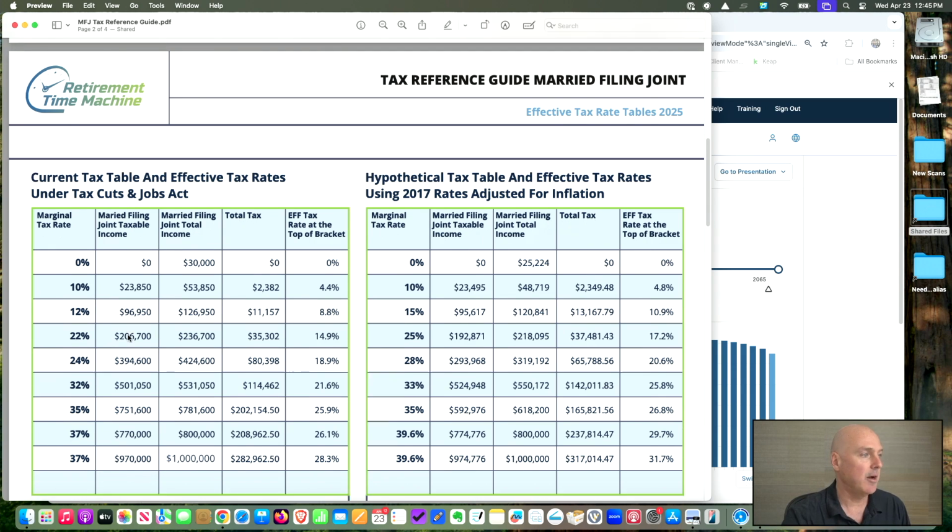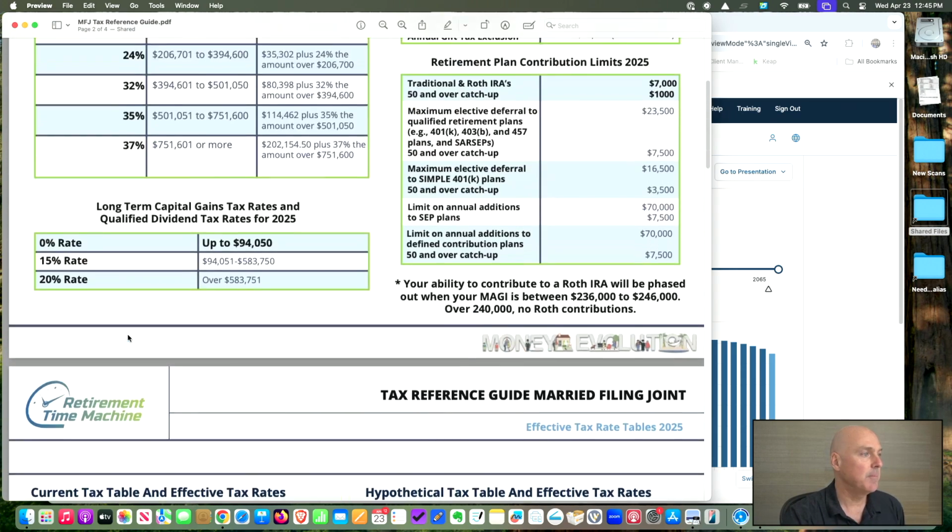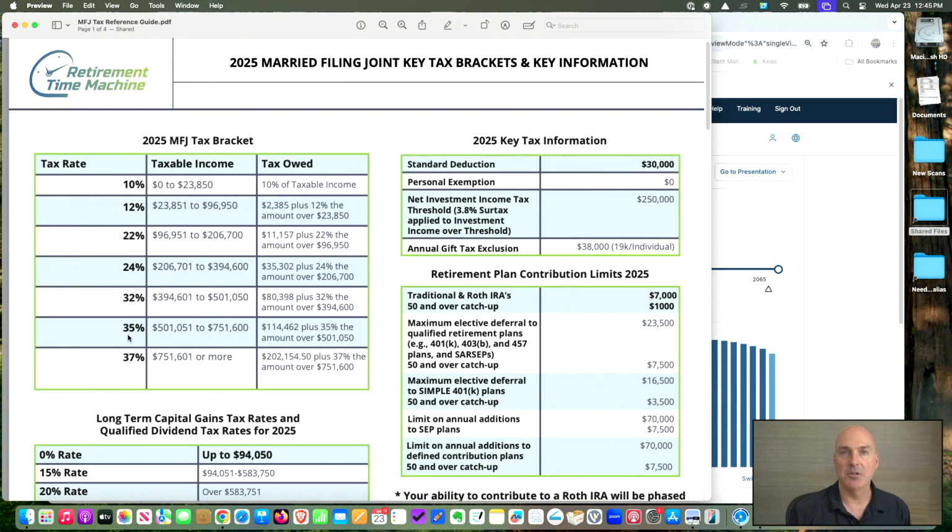So here we have one of our worksheets, or one of our reference materials for the Retirement Time Machine, and we can see what that marginal tax bracket looks like. This is for 2025. So even if you do have, let's say, $1 million of total income, some of that income would be taxed at 10%. Some of it will be taxed at 12%, some at 22%, then 24%, and 32%. So let's use an example here, hypothetically.